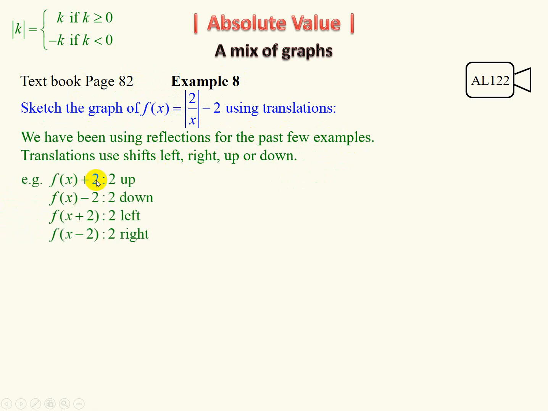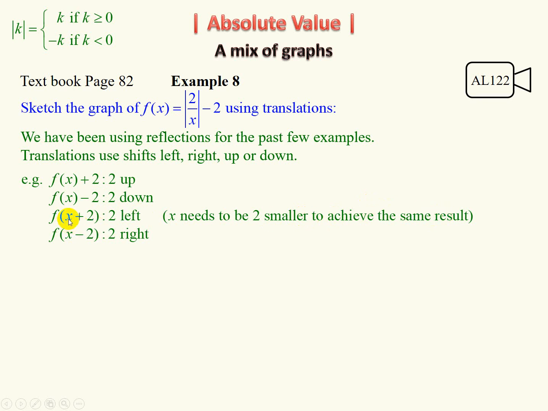Here we go. f of x plus 2, that's f of x up 2. f of x minus 2, f of x goes down 2. f of x plus 2 goes 2 left, f of x minus 2 goes 2 right. And just to remind you of this paradox here, when it's f of x plus 2, it goes 2 left. That's because x needs to be 2 smaller to achieve the same result.